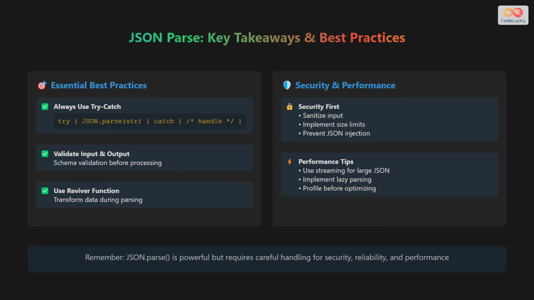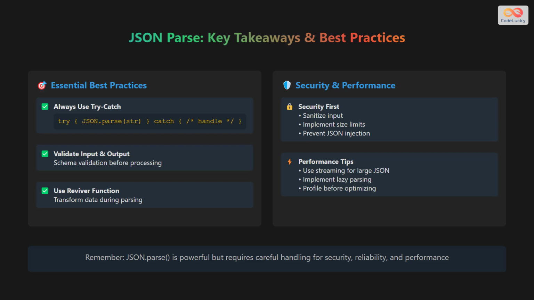In this video, we've explored various aspects of JSON parsing in JavaScript, from basic syntax to advanced techniques. Here's a quick recap. Always use try-catch to handle potential errors during parsing. Validate both the input and output of parsing operations using schema validation before proceeding. Use the reviver function to transform your data during parsing.